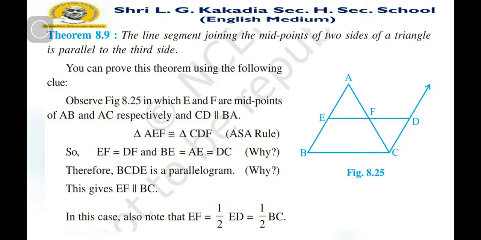The line segment joining the midpoints of two sides of a triangle is parallel to the third side, and this line segment is half of the parallel side BC. EF is half of ED, and also EF is half of BC. It is known as the midpoint theorem.